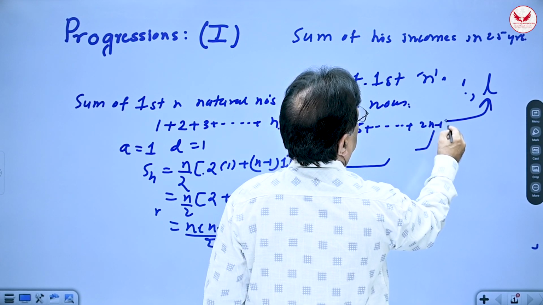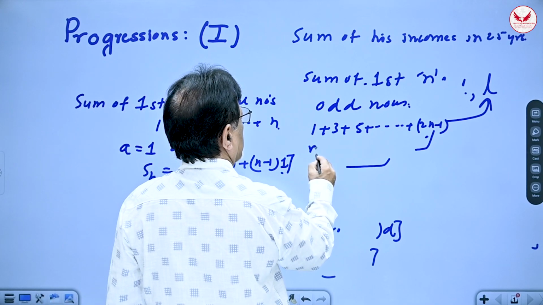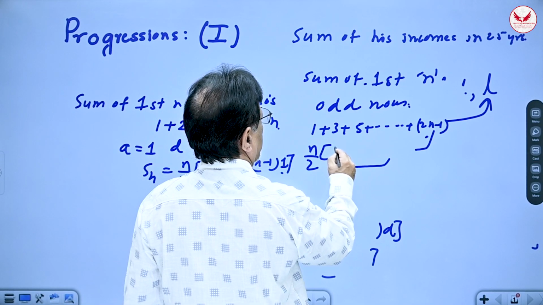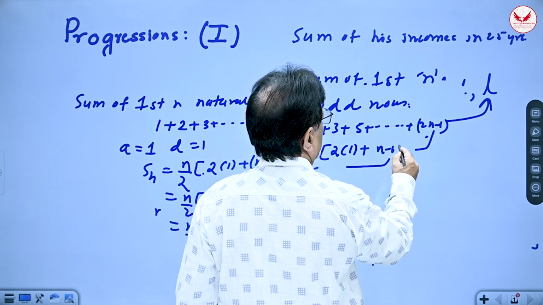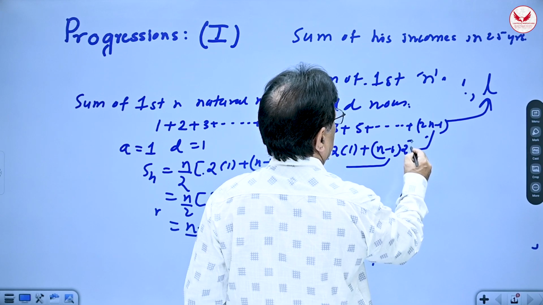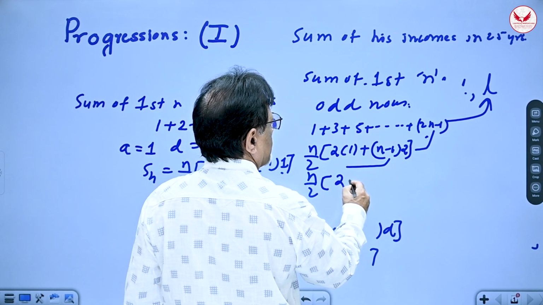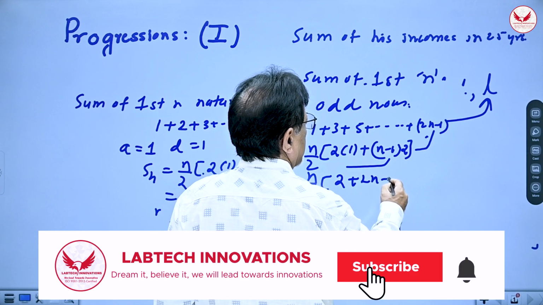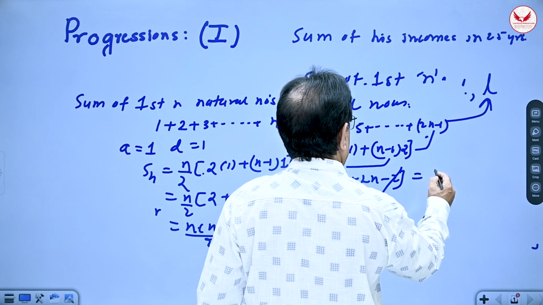The last number is 2n minus 1. So what is the total? Very simple. n by 2 multiplied by 2a plus n minus 1 into d. The difference is 2 here. So therefore it will be n by 2 multiplied by 2 plus 2n minus 2. So the 2 gets cancelled and you get n square.